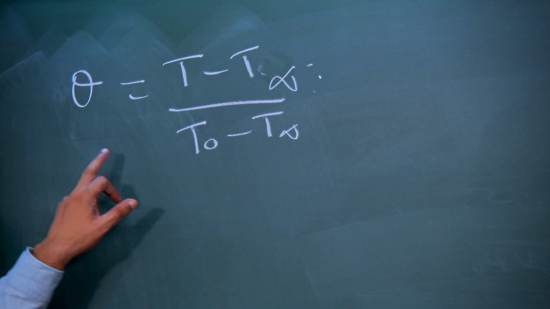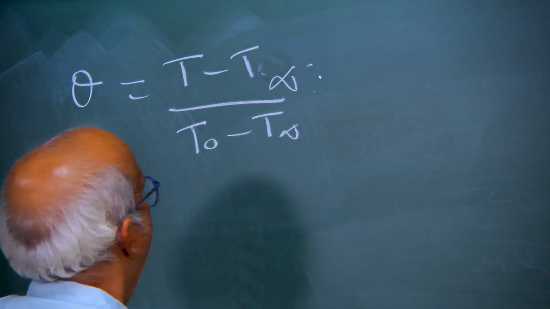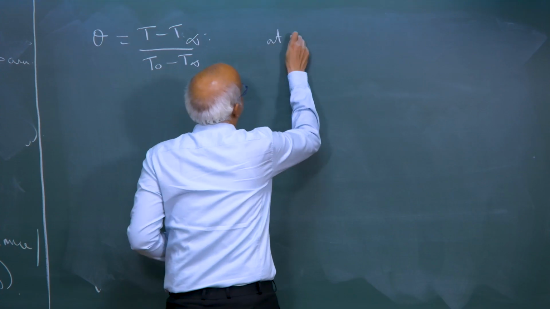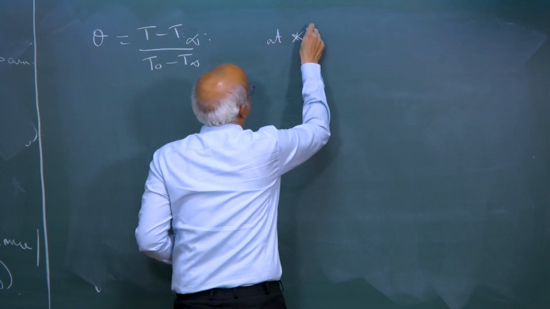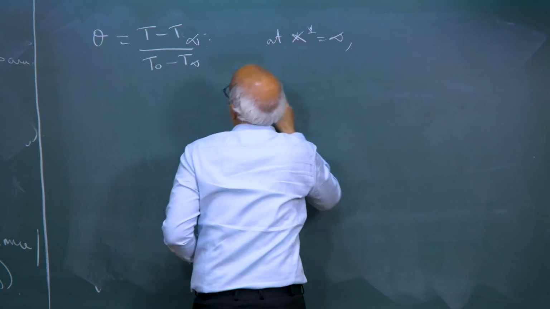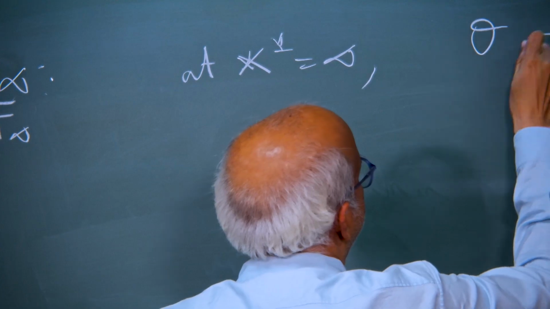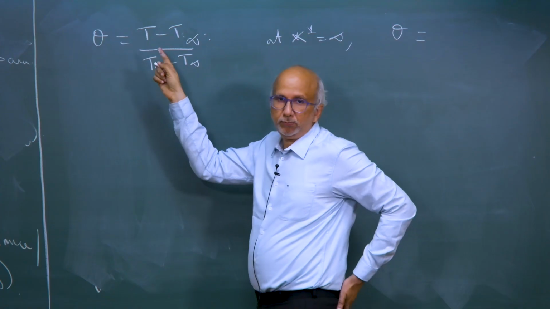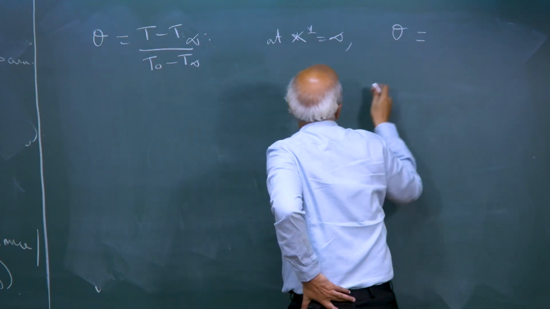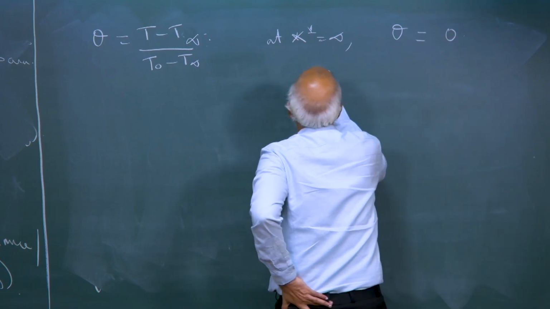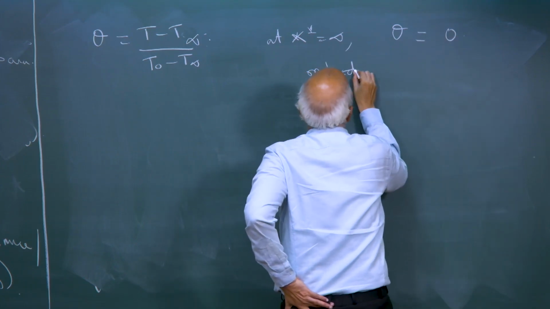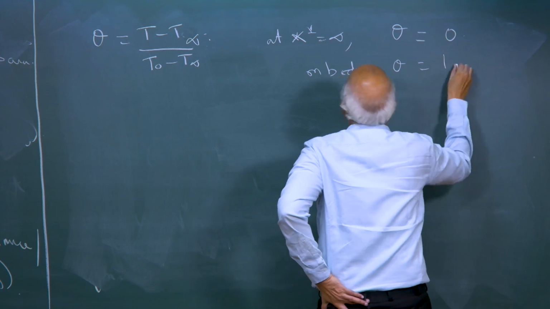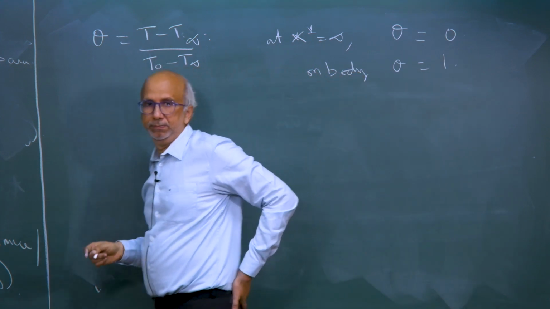So, what does this mean? At x star equal to infinity, the temperature is T infinity, so theta is going to be 0, and on the body theta will be equal to 1 because the temperature is equal to T naught.